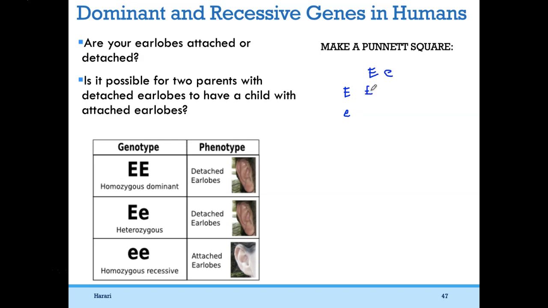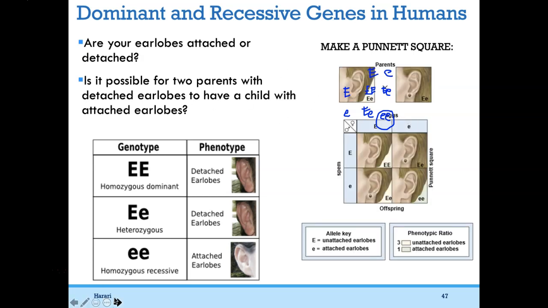So this will be big E, little e, big E, little e, and little e, little e. 1 out of 4 children would theoretically be little e, little e, which would have attached earlobes. So this means there's a 25% chance that 2 heterozygote detached earlobed parents would have a child with attached earlobes. It's 25% chance, or 1 in 4.